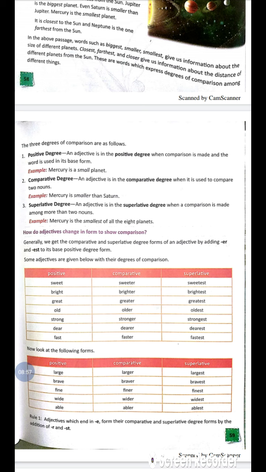Mercury is the smallest of all the 8 planets. Here are some examples of positive, comparative and superlative degree: sweet, sweeter, sweetest, bright, brighter, brightest, great, greater, greatest, old, older, oldest, strong, stronger, strongest.